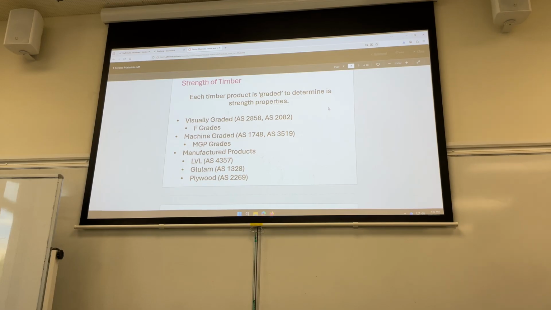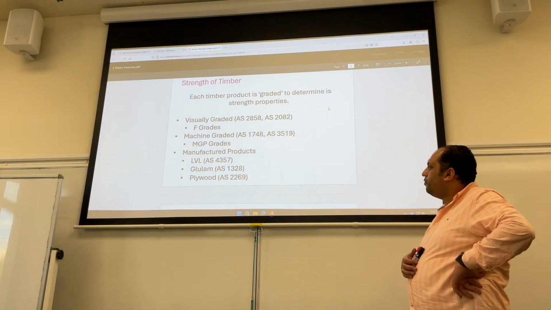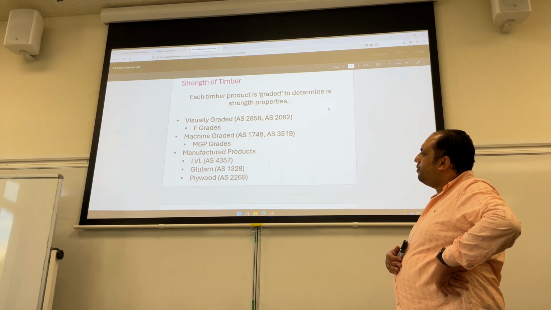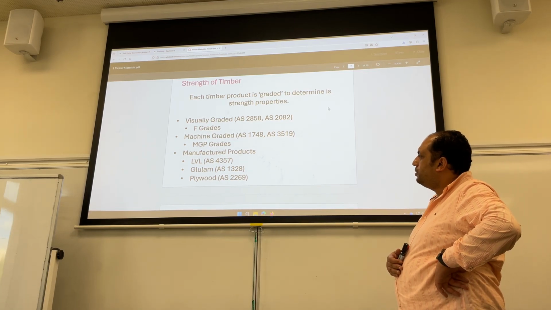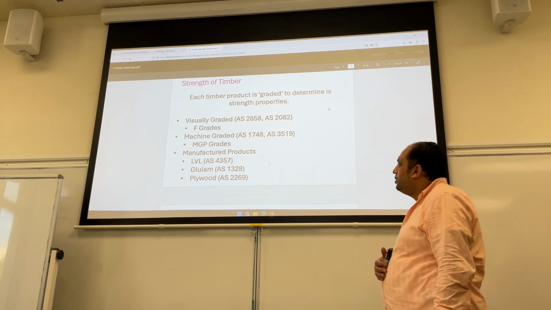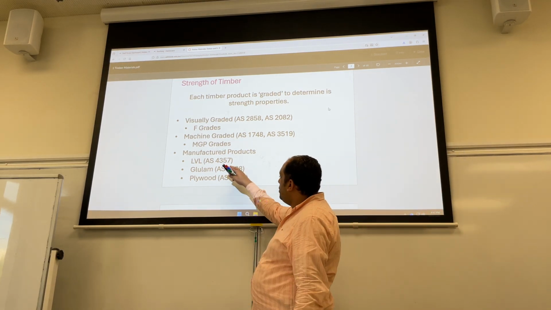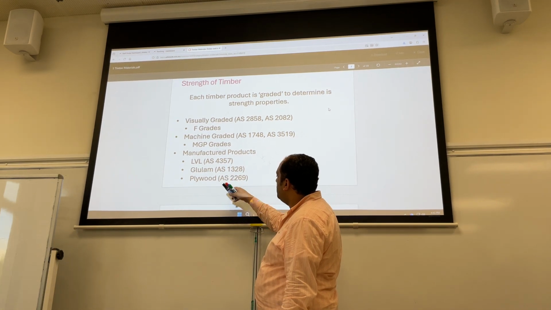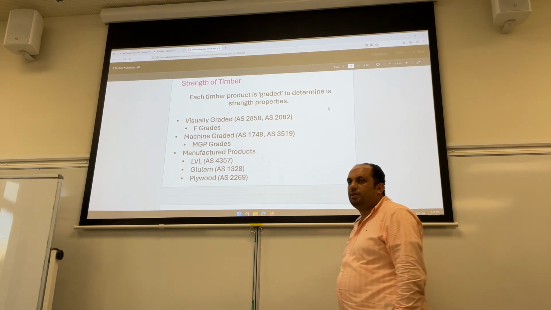If you remember what is the MGP grades 10, 12, and 15? Yeah. Remember? So we have AS 1748 and AS 3519 for the MGP. And we have manufactured product, which is LVL, glulam, and plywood, and the standard for each one is there: 4357, 1328, and 2269.